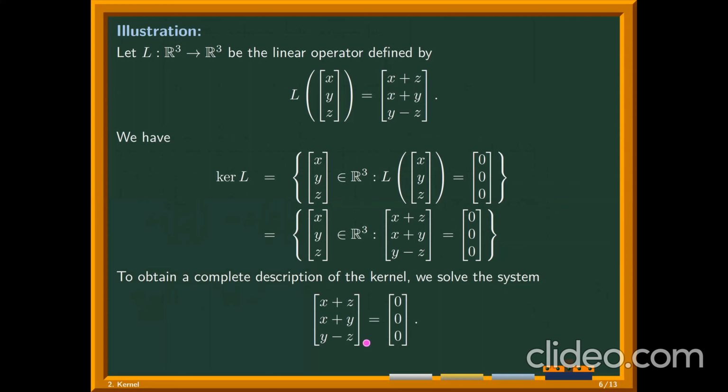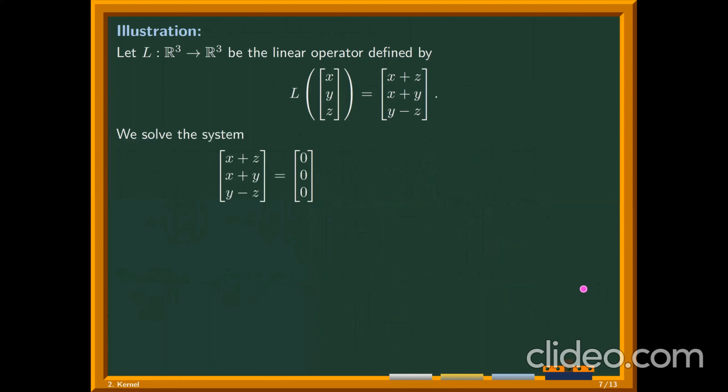And we already know how to do that, because this system can be written as a matrix equation: the 3 by 3 matrix of coefficients multiplied by the vector (x, y, z) equal to the zero vector.